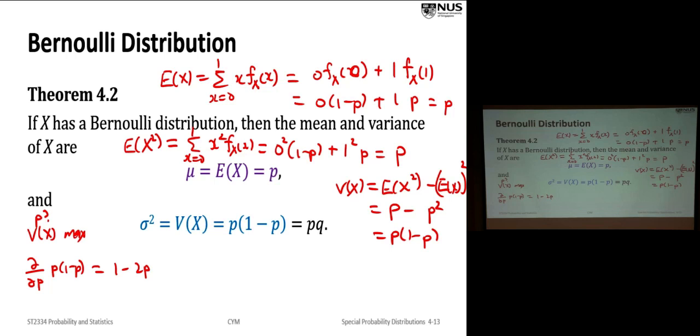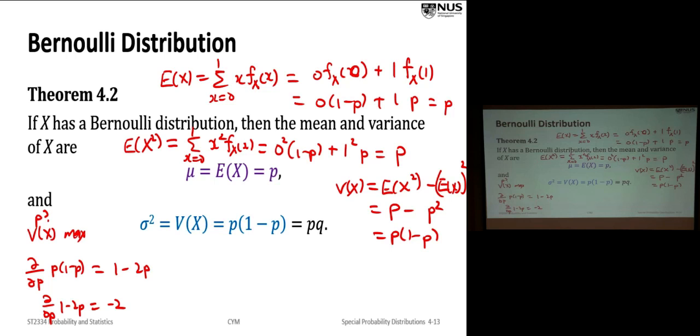When p equals 0.5, does it give us the maximum or the minimum? You have to check another thing, the second derivative. So when you differentiate this with respect to p, you get minus 2.